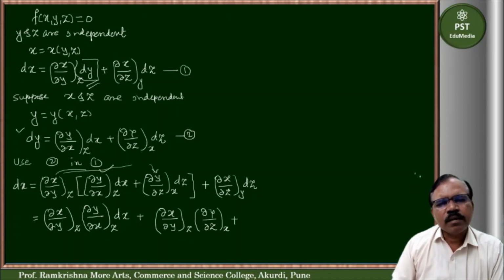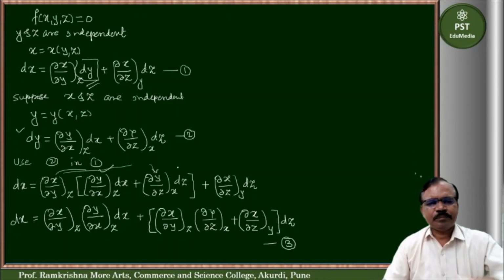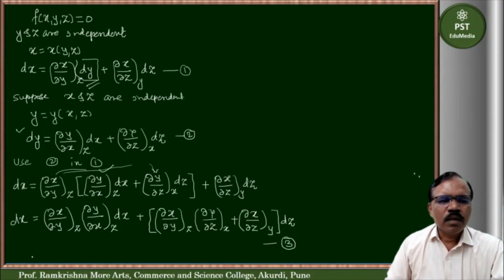I can take dz common. So dx is equal to this. Let us call this equation number 3.